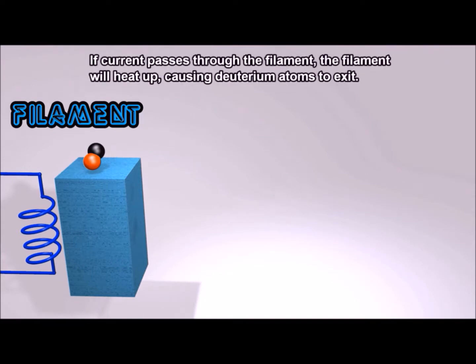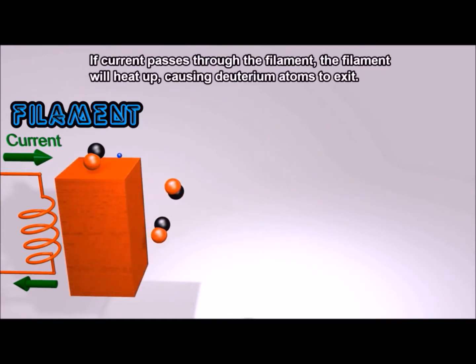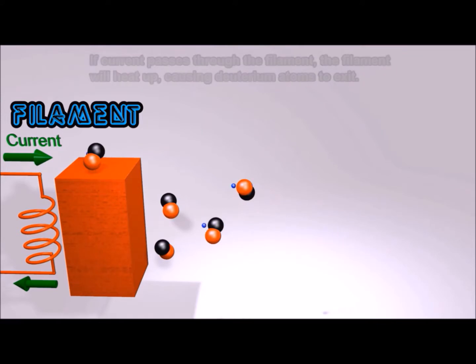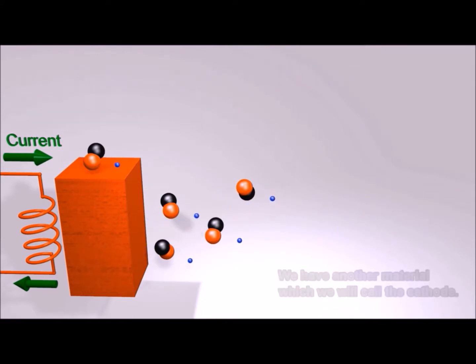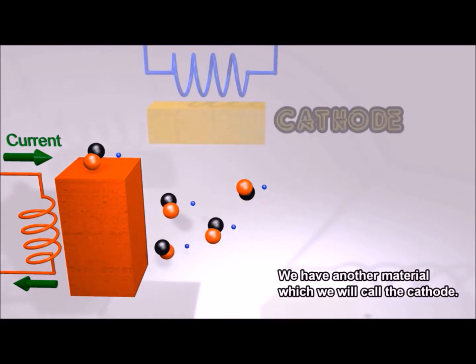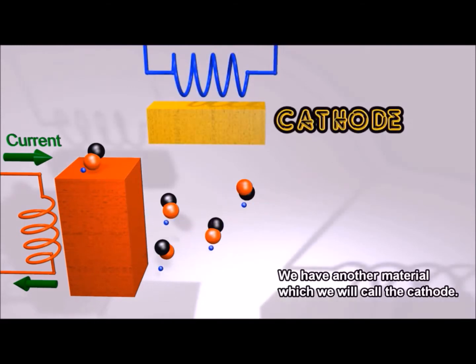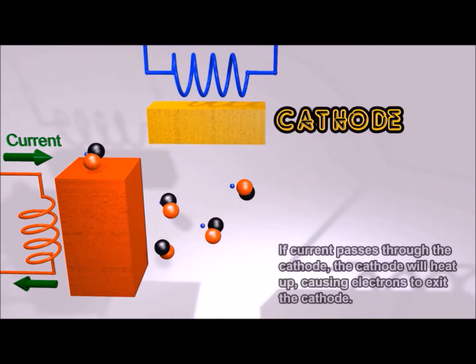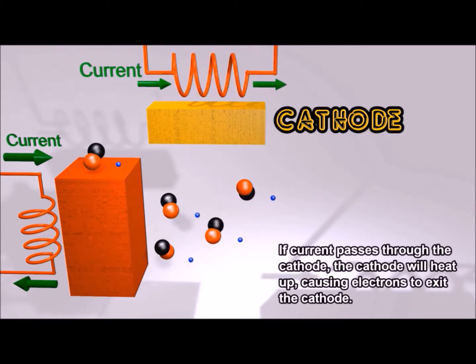If current passes through the filament, it will heat up, causing deuterium atoms to exit. We have another material, which we will call the cathode. If current passes through the cathode, it will heat up, causing electrons to exit the cathode.